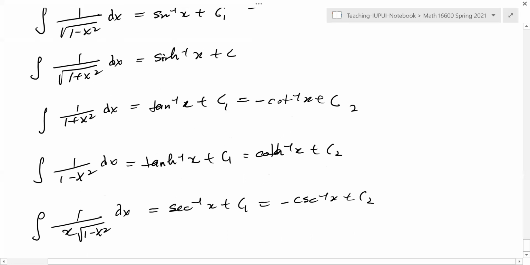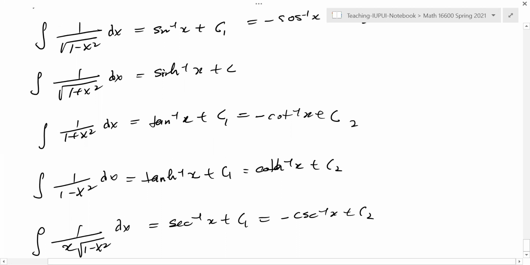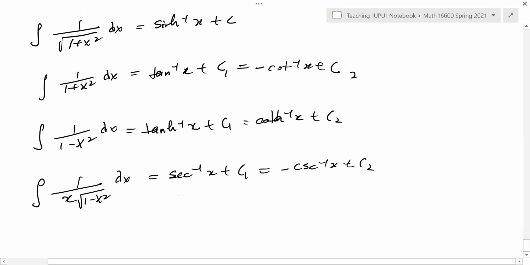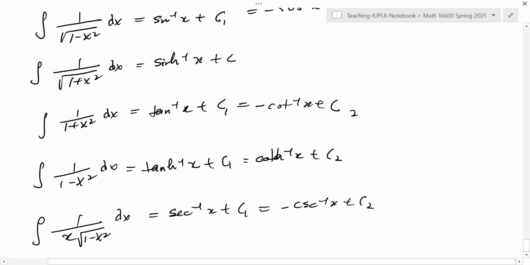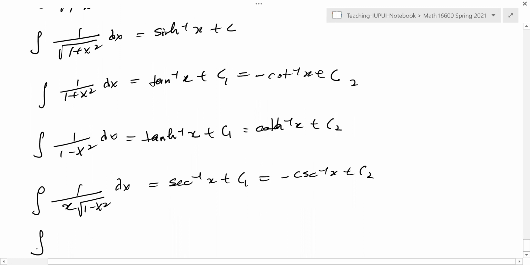How about the next one, x times the square root of x squared plus 1? Yes.